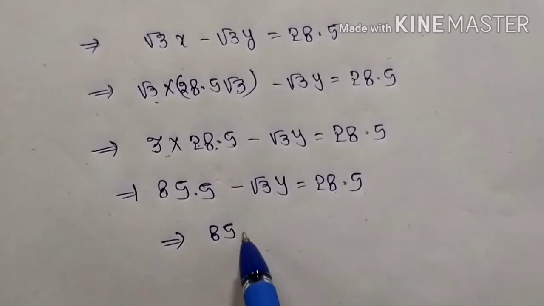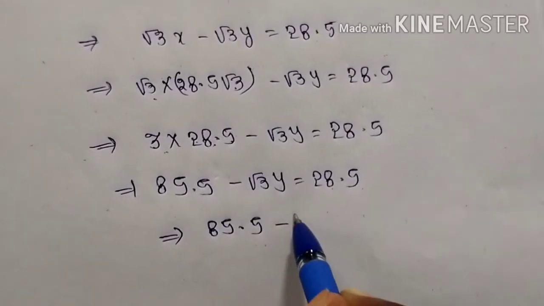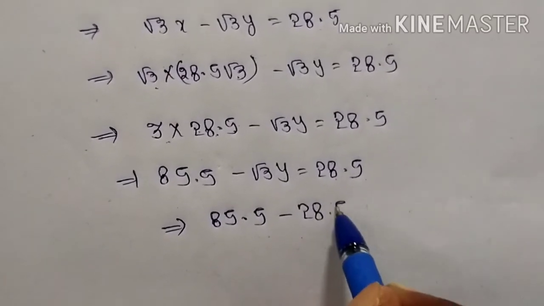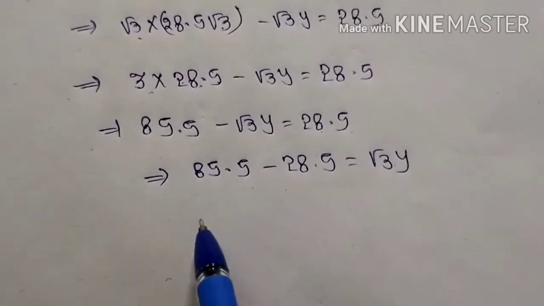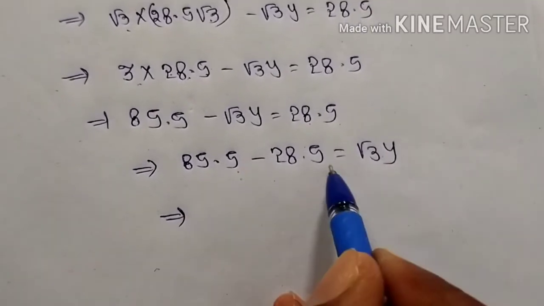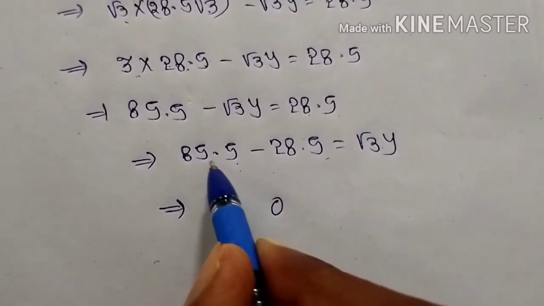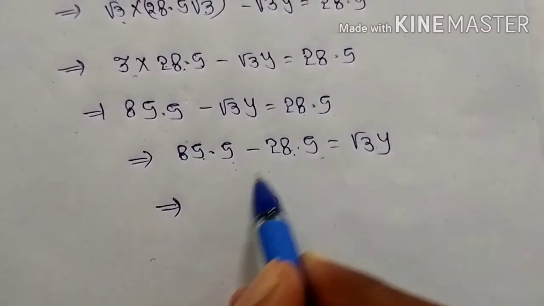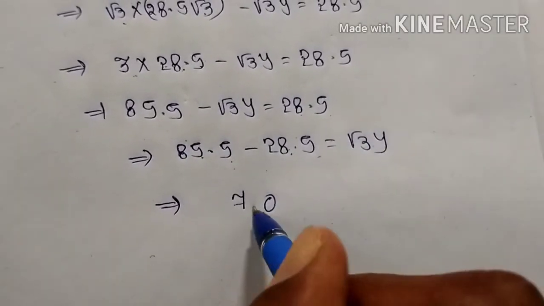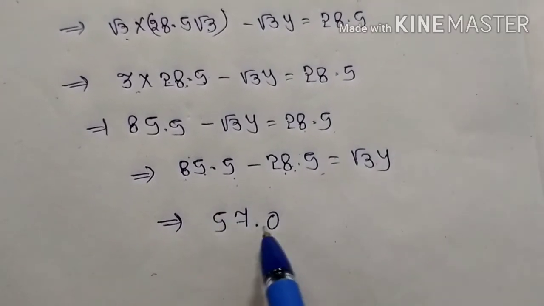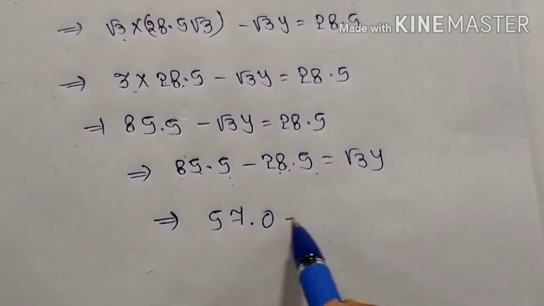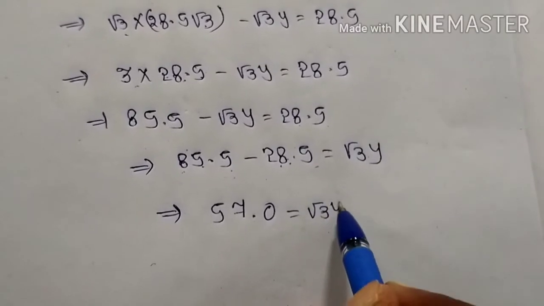That means can I write 85.5 minus 28.5 is equal to root 3y? Yes or no? Yes. Then you will get 5 minus 8, that means 15 minus 8 is how much? 7. Next, 7 minus 2 is how much? 5. 57.0 is equal to root 3y.